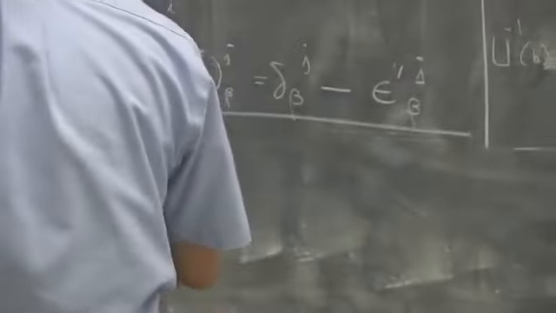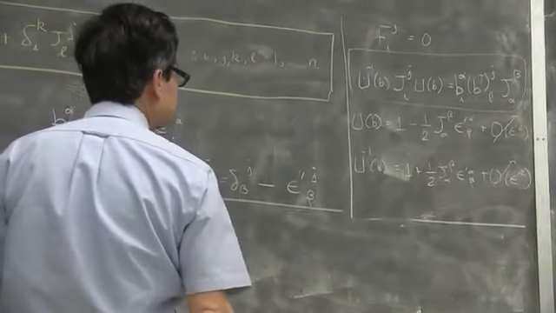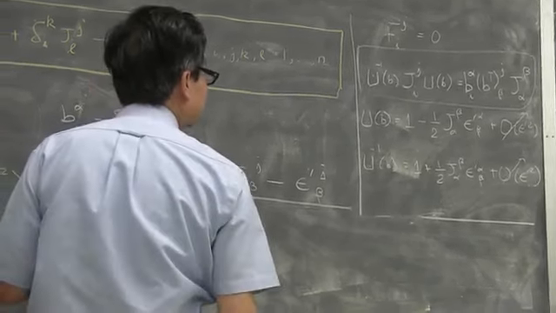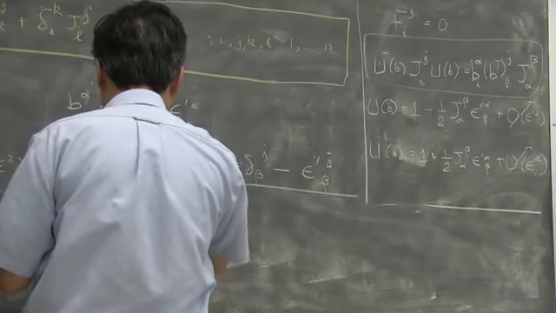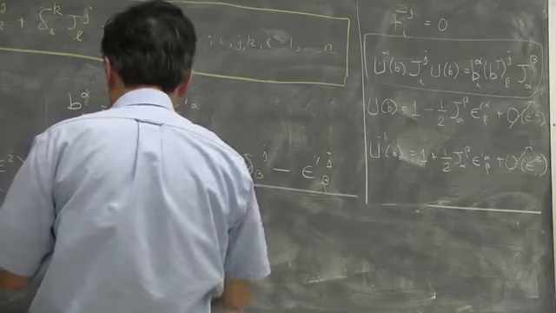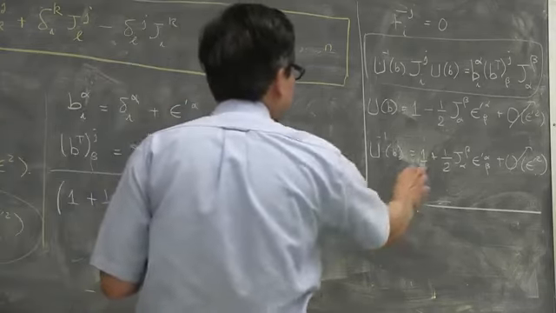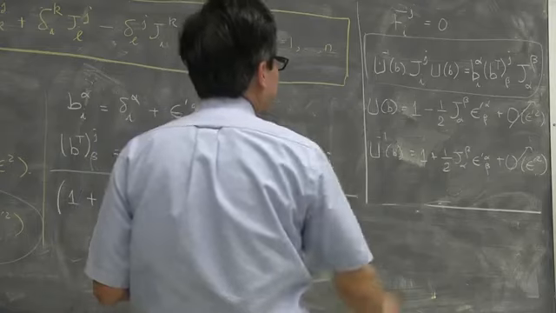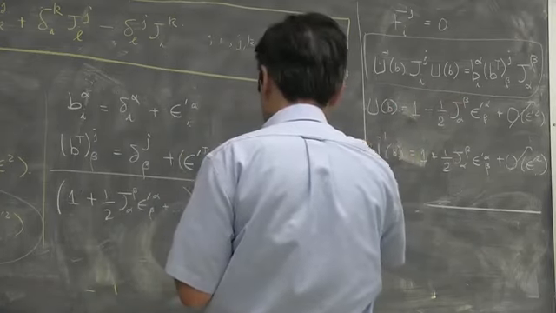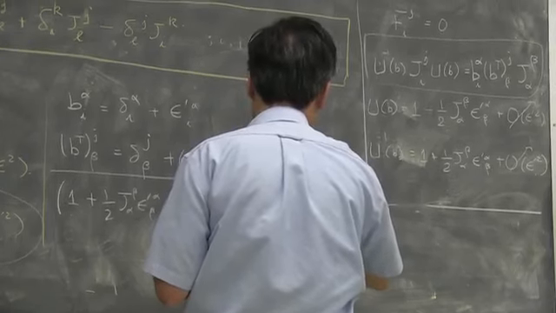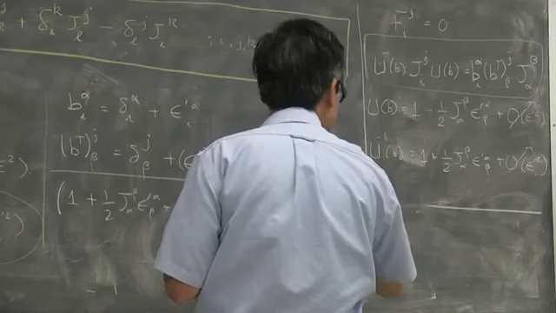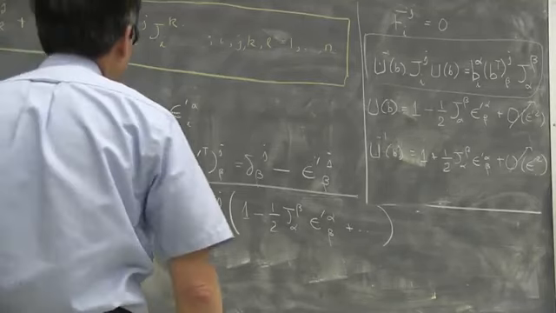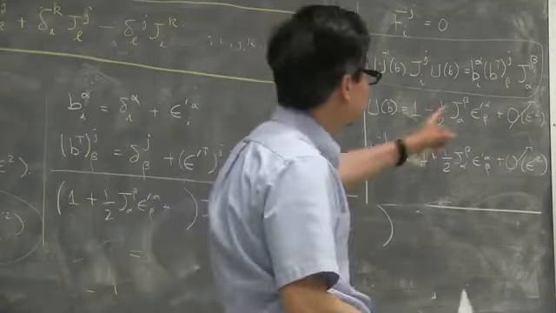So for the inverse of u, I have 1 plus 1/2 J_alpha beta epsilon prime_beta alpha, plus second order, J_ij, times u itself, which is this, 1 minus 1/2 J_alpha beta epsilon prime_alpha beta plus higher orders, which I am going to ignore, is equal to the right-hand side in here.